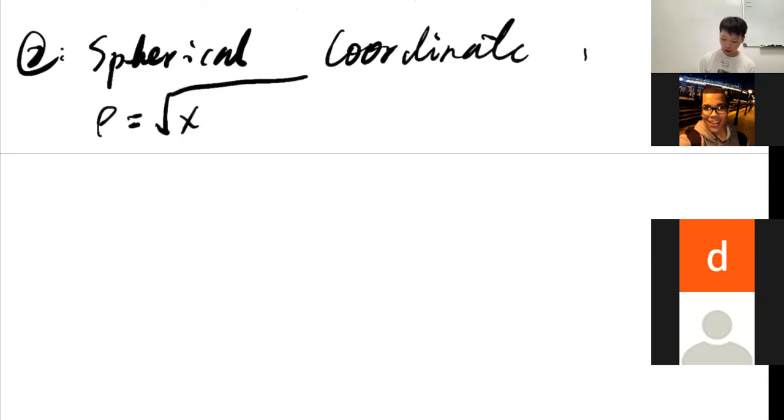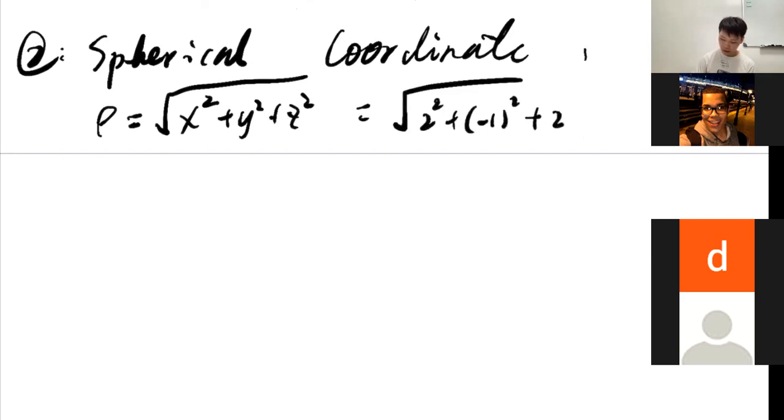This is the square root of x squared plus y squared plus z squared. So the square root of 2 squared plus minus 1 squared plus 2 squared is the square root of 9, which is 3. All right. So now it comes down to finding your phi and theta.